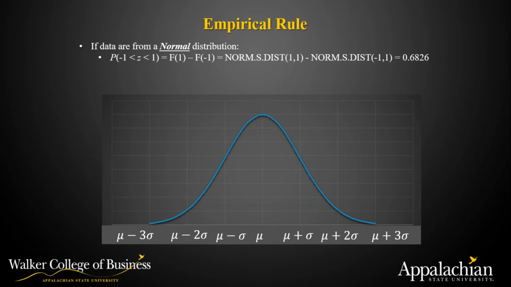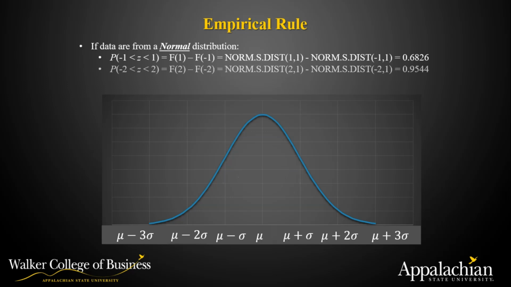Another way to say that is that if data are normally distributed, then 68% of the standardized values should be between negative and positive 1. Or in other words, F of 1 minus F of minus 1 will equal 68.26%.